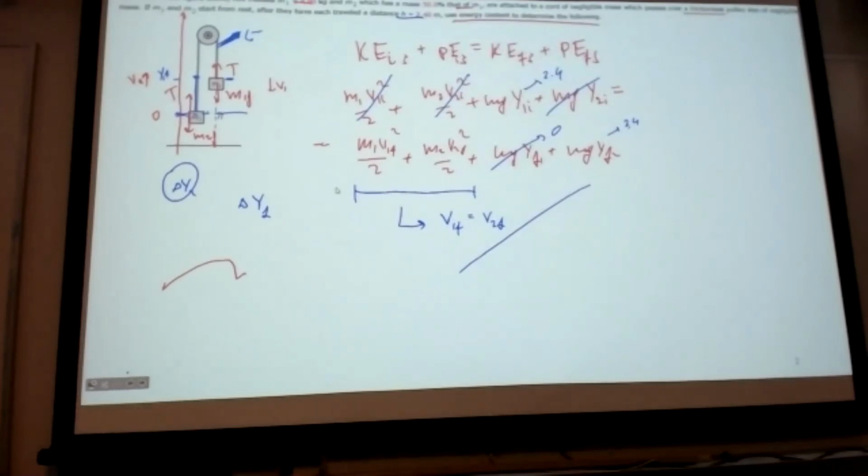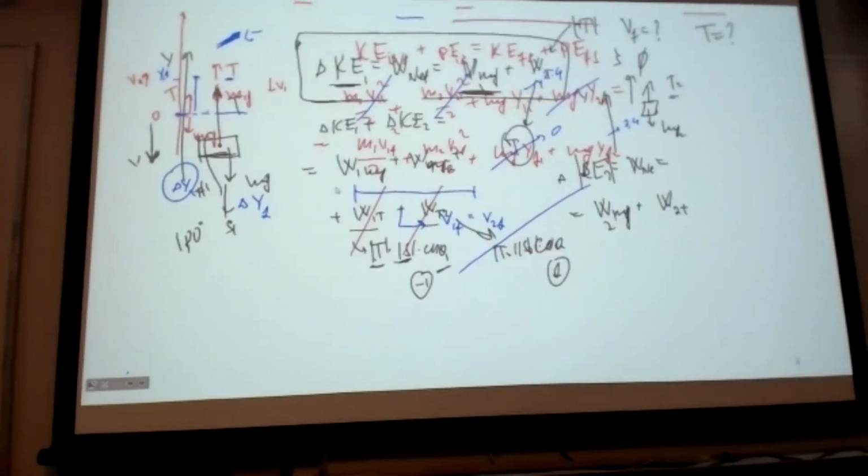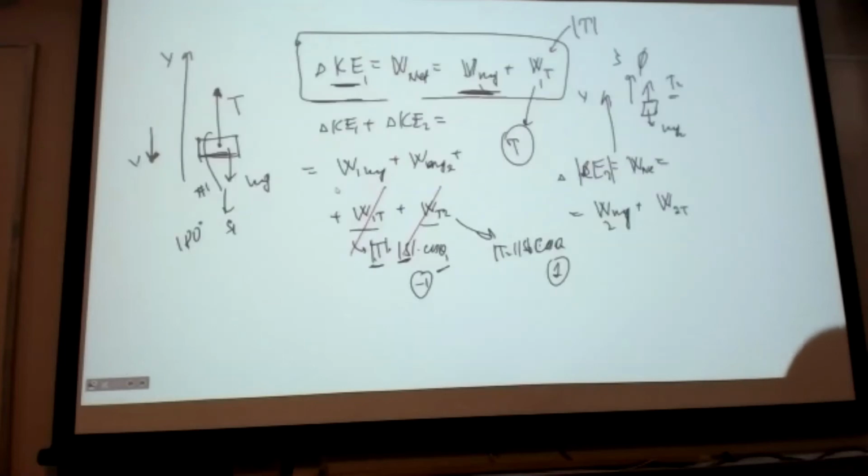And yeah, I remember now. Your first question is speed. Your second question is tension. So for the tension, when you know the speed, you can go back to the equation for the box number 1 or box number 2.